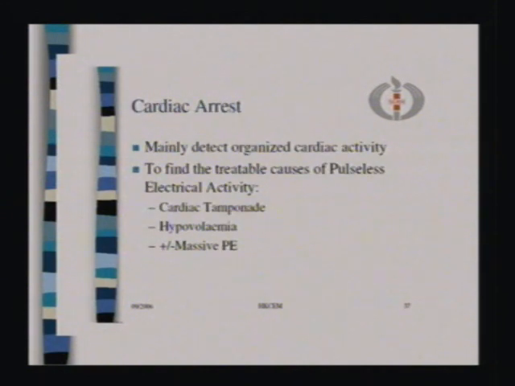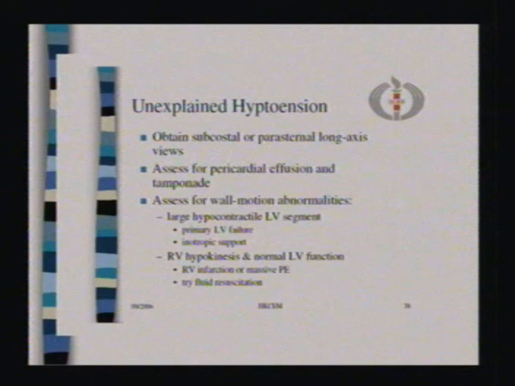In patients with cardiac arrest, this mainly detects organized cardiac activity. You have to find treatable causes of pulseless electrical activity, like cardiac tamponade, hypovolemia, or a massive pulmonary embolism. In patients with unexplained hypotension, you obtain a subcostal or a parasternal long axis view, assess for pericardial effusion or tamponade, then assess for wall motion abnormalities.